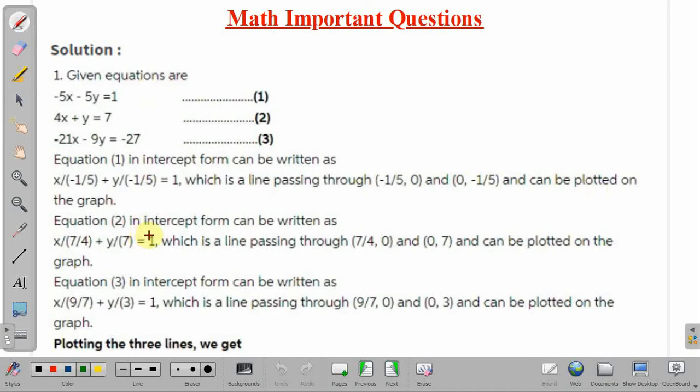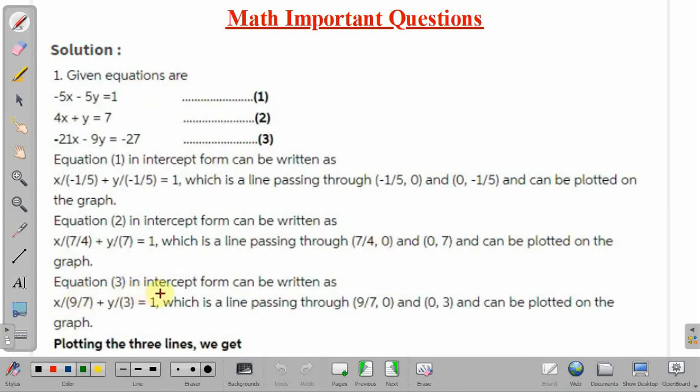Similarly, equation 2 in intercept form can be written as x by a plus y by b equal to 1. So we just have to divide by 7. Then it will be a line passing through 7 by 4 comma 0, this is your x intercept, and the y intercept is 7, and this can be plotted on the graph.